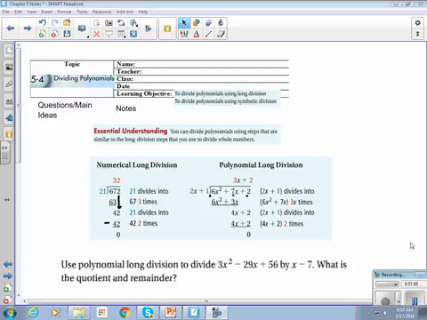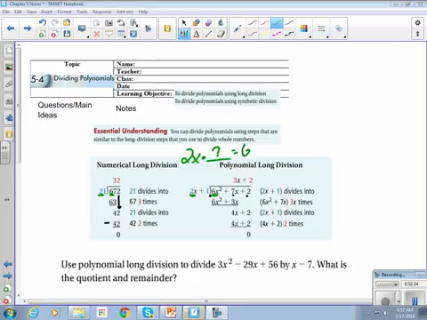All right, so the first thing we did was say 21 goes into 67. We're just going to look at 2x goes into 6x squared. What do I have to multiply 2x by to get 6x squared? We need a 3x.